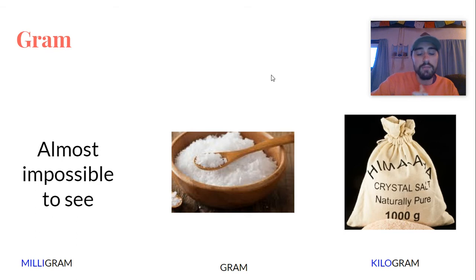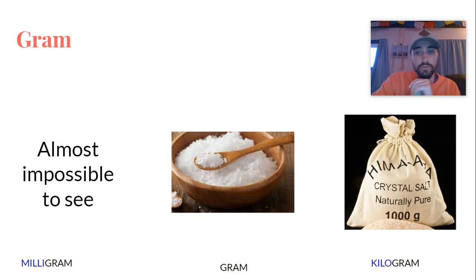So a gram of salt is about that spoonful of salt. While a kilogram, how much is a kilo? What number do we think of for kilo? It's 1,000. 1,000 of those grams make up that entire container of Himalayan crystal salt.